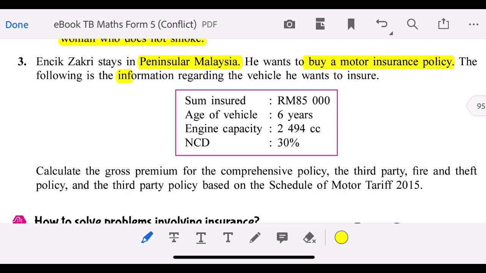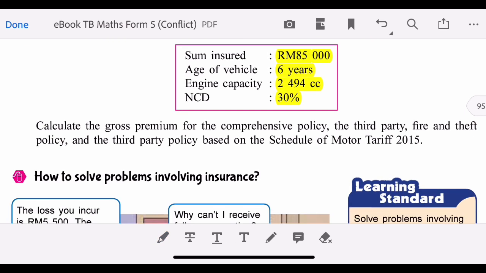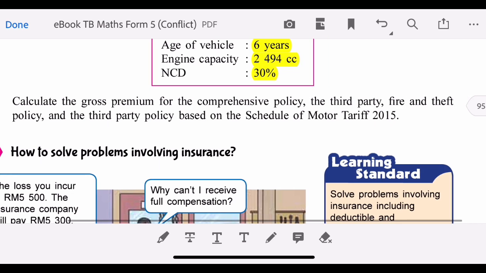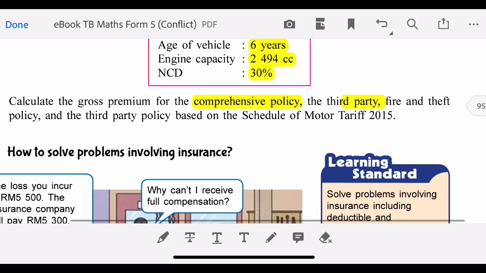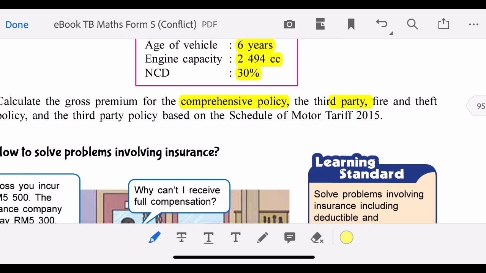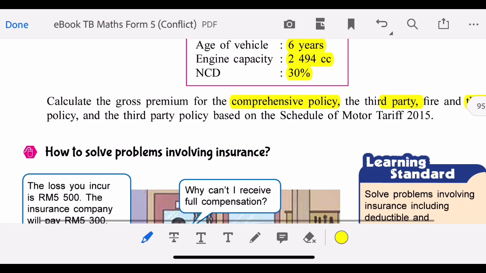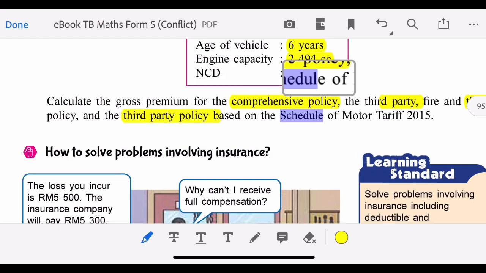The amount of money insured is 85,000, the age of the vehicle is 6 years, and the engine capacity is 2494. NCD is 30%. Calculate the gross premium for the comprehensive policy, the third party fire and theft policy, and also the third party policy based on the schedule of motor.